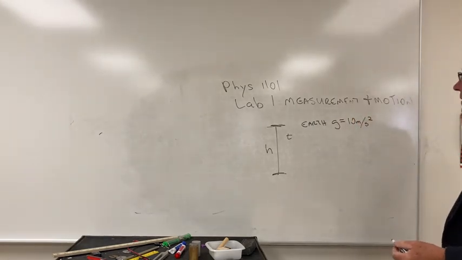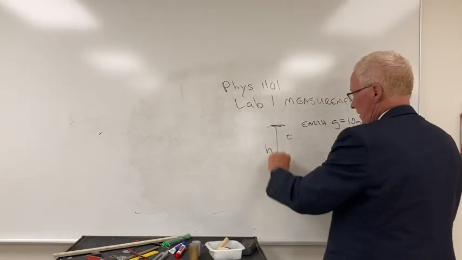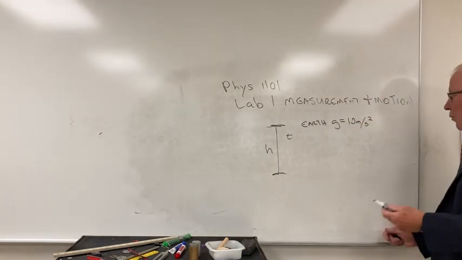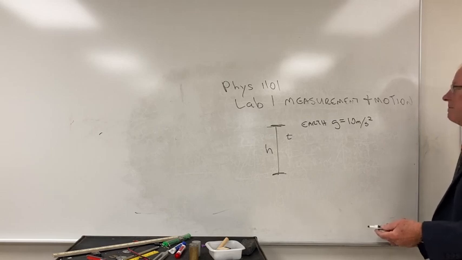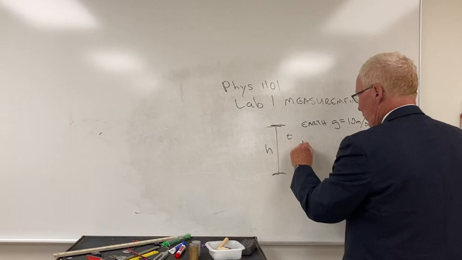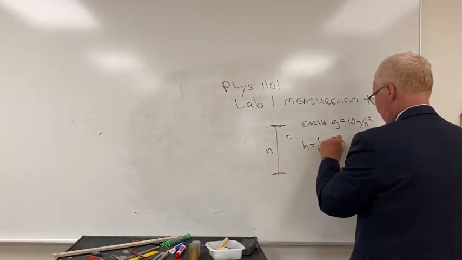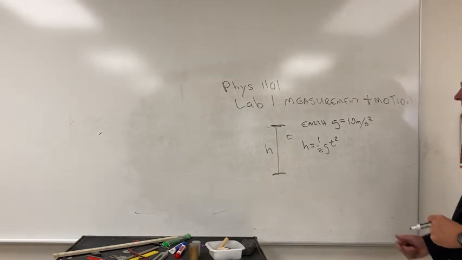All right. So the way it works for acceleration is that the distance it falls, h, is 1/2 g t squared.